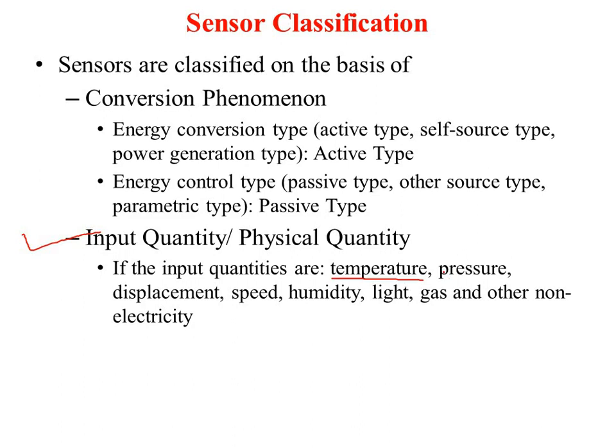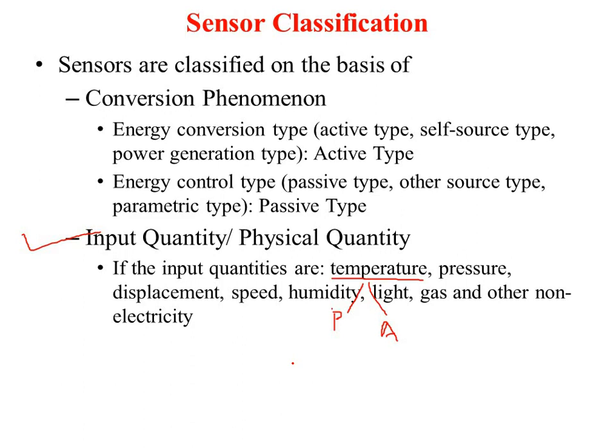So the basic point here is which quantity, which physical parameter, you want to measure; that itself will become a classification parameter for the sensor. If you are measuring temperature, then it will become a temperature sensor. Then again there you can classify it as passive or active, or you may classify it as analog or digital depending on the applications.